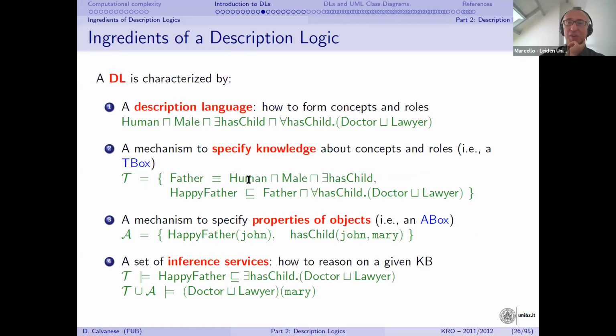You have what are called the T box and the A box, for describing objects and relationships, and then they are used. Then you want to know, for example, if a happy father means that there exists a child that is a doctor or a lawyer, this kind of relationship.